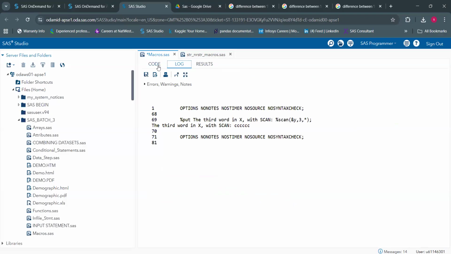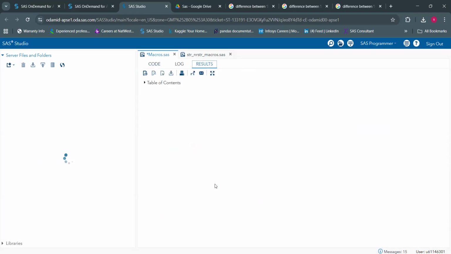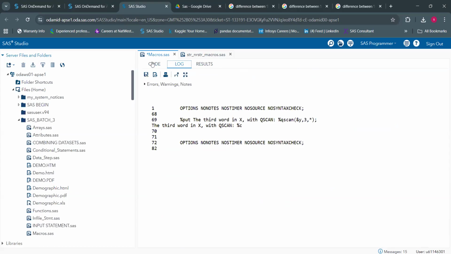So here, what's happening is, can you see the difference between %qscan and %scan, ma'am?